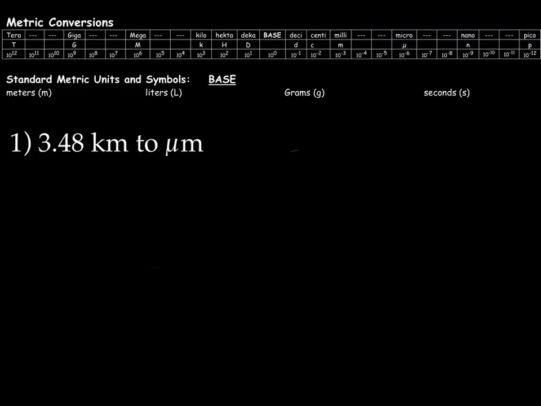All right, number 1, we're trying to convert from 3.48 kilometers, or the kilo, to funky looking U meters. Let's try to find those on our metric conversion table. So here's kilo, the K, and the funky looking U thing is actually, in case you're wondering, a Greek letter mu, and it's located right there.